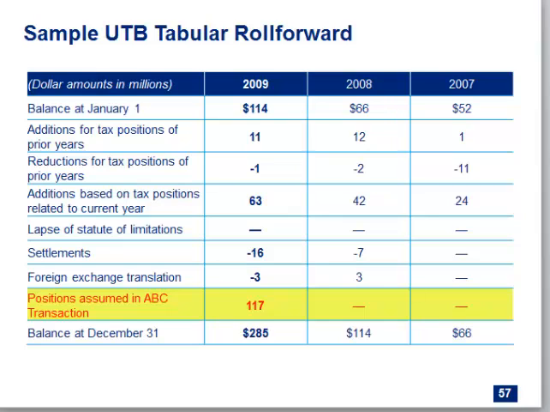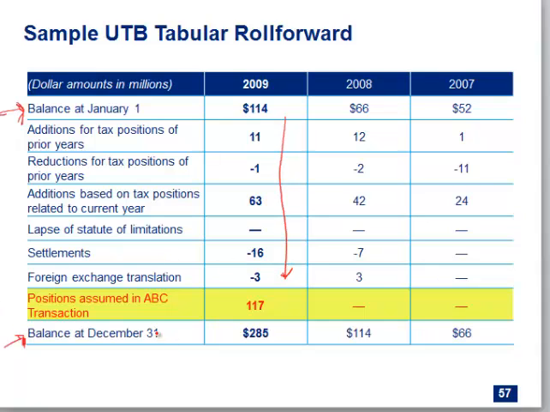They have to roll forward that liability. In a situation where you do an acquisition, you might start the year with one balance in your unrecognized tax benefit liability or exposures, and finish the year with a different balance. And remember, you're trying to explain how that difference gets from beginning to end of the year with this table.